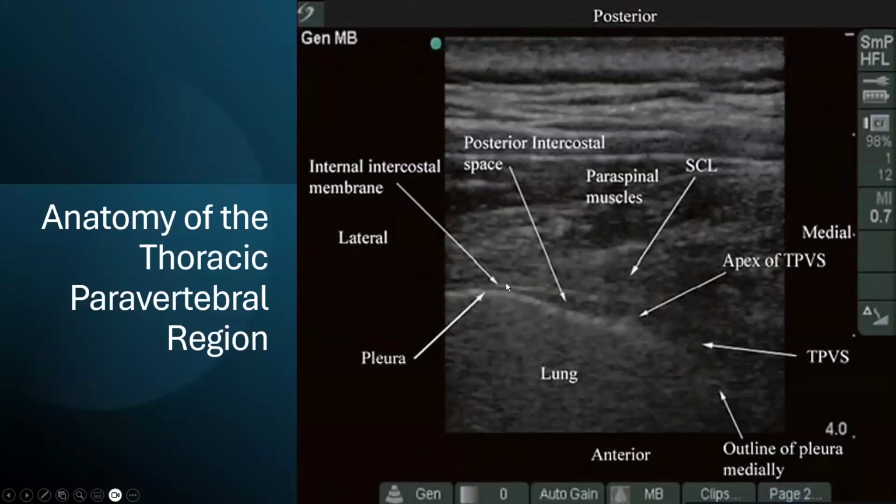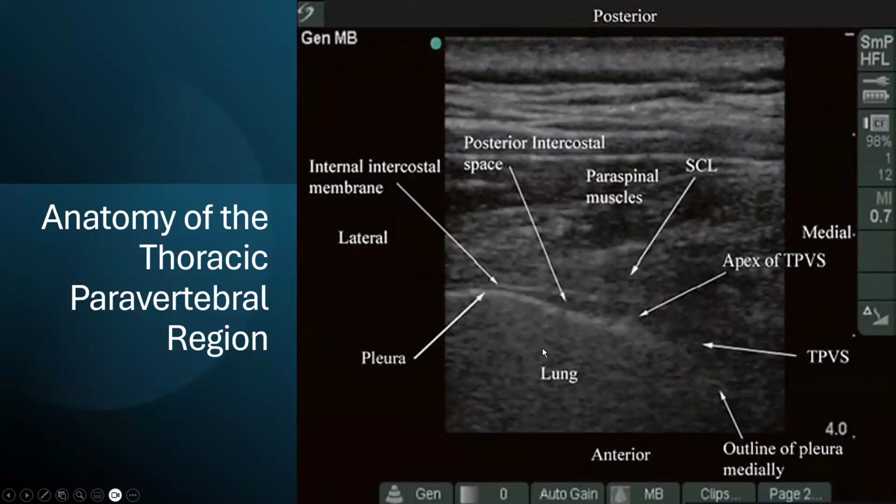Now coming to the anatomy of this region. If you look at a transverse view, we can see the lung here. Here is the apex of the thoracic paravertebral space. Here we have the superior costotransverse ligament lying posteriorly, and here we have the posterior intercostal space, which is continuous with the thoracic paravertebral space, and on this side it is continuous towards the spinal cord.